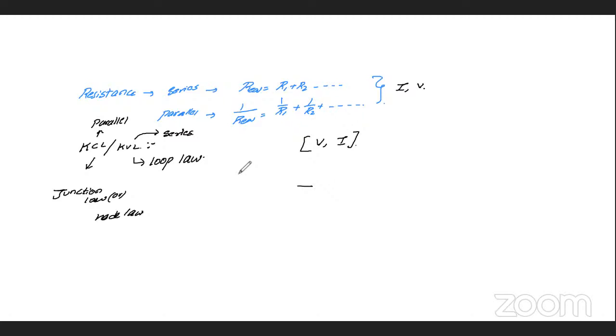So there are different resistors connected to it. I'll take this one as R1. At this point, there are different connections like this, and these are connected to the points.